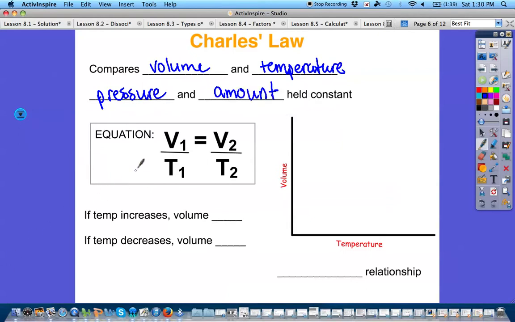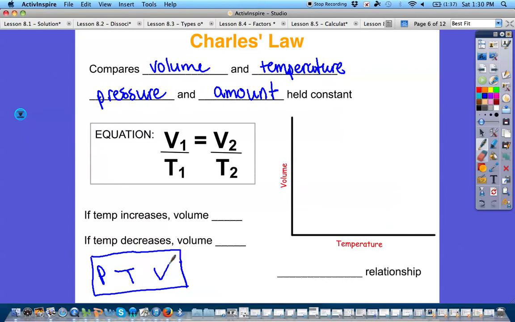Our equation is V1 divided by T1 equals V2 divided by T2. So if temperature increases, and again, you can use your PTV card, and this is a good way of just checking to make sure your answer is along the right lines is by using your PTV card.